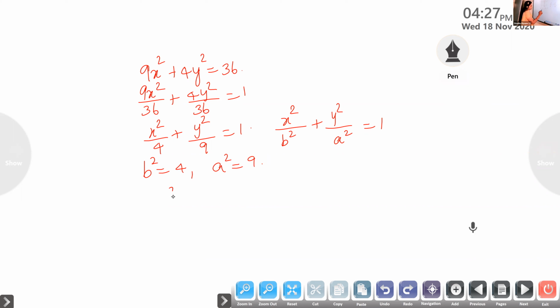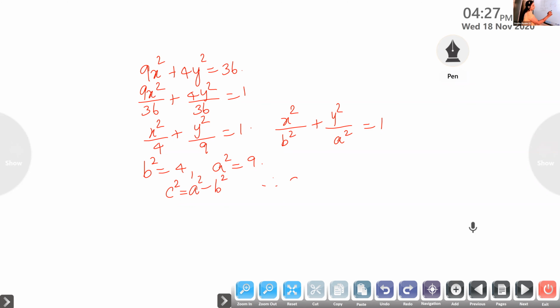Then find out what is c squared. C squared is a squared minus b squared, isn't it?